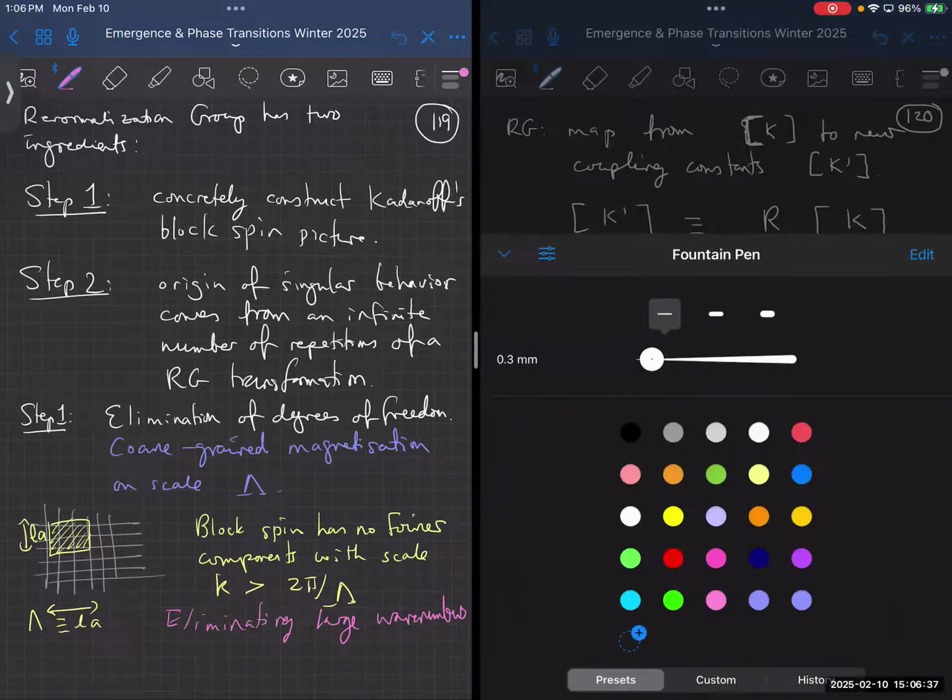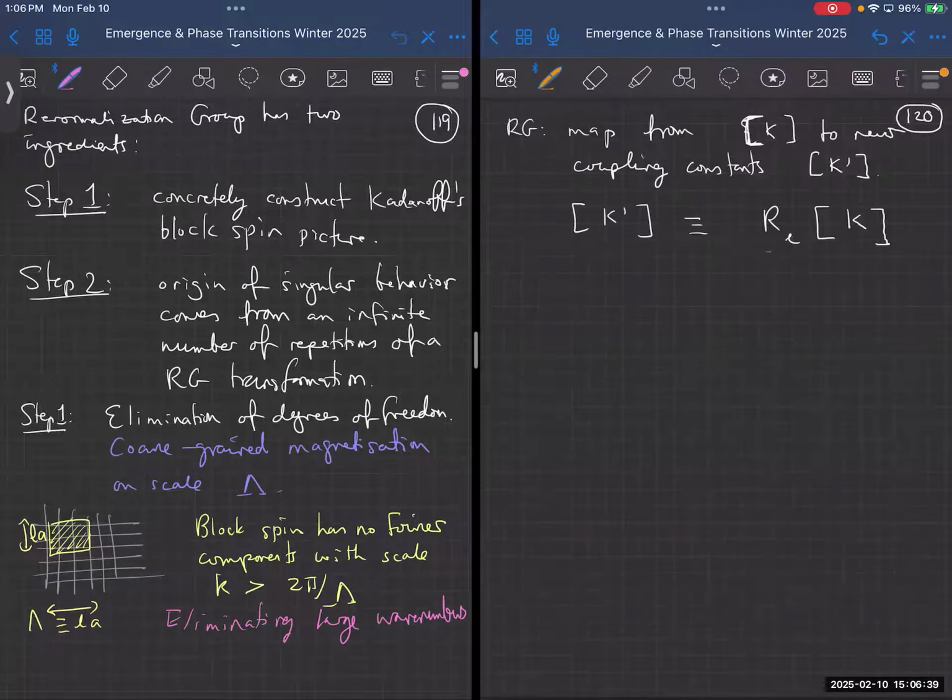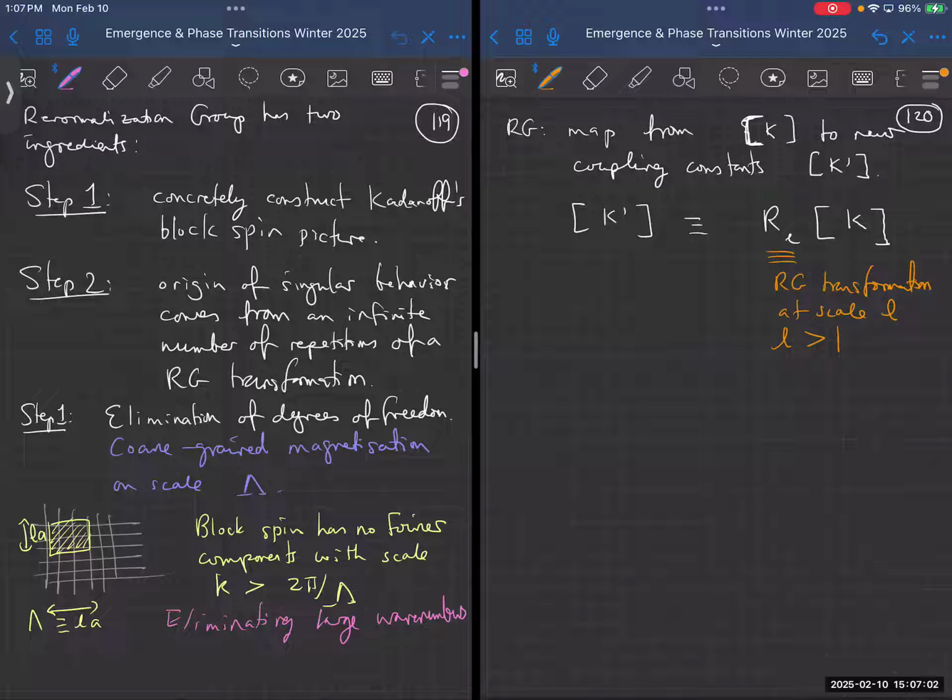And so this is the RG transformation at scale L. So I've coarse-grained by L, and this L must be greater than 1 because we're lumping together microscopic degrees of freedom.